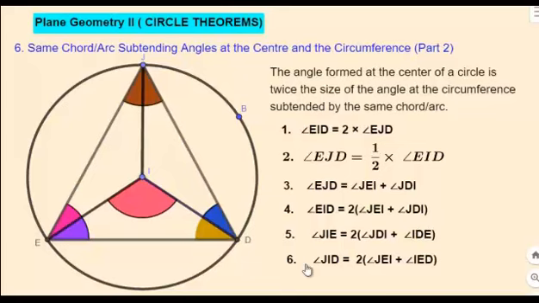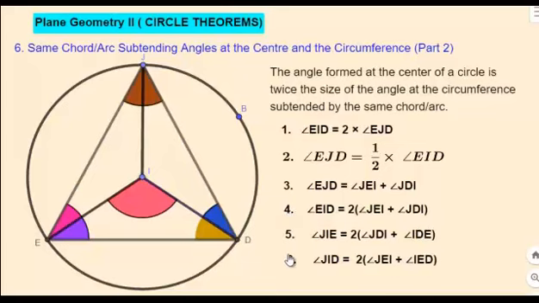That is what you see on the screen. Angle JID is equal to 2 times bracket open angle JEI plus angle IED bracket close.